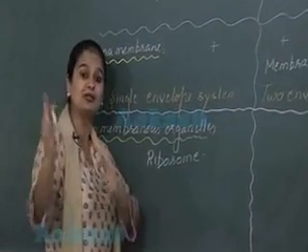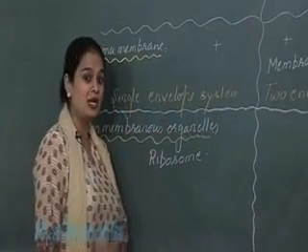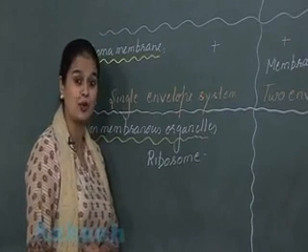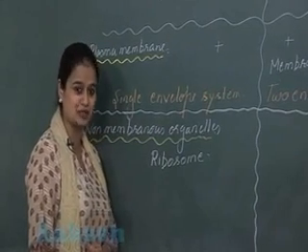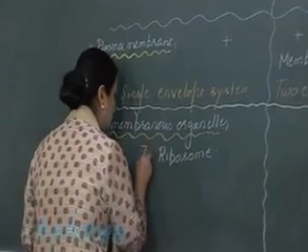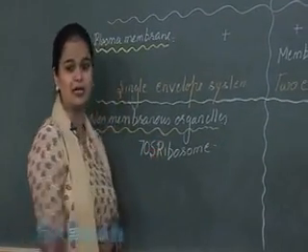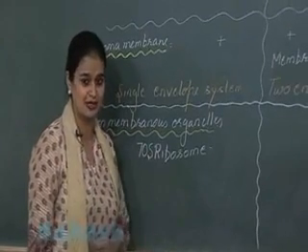Can you tell me what is the function of the ribosome? Ribosomes are involved in the synthesis of protein. That's why they are known as protein factories. And the type of ribosomes present in the prokaryotes is 70S.